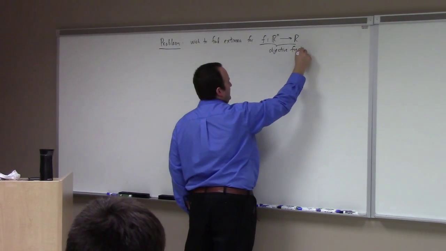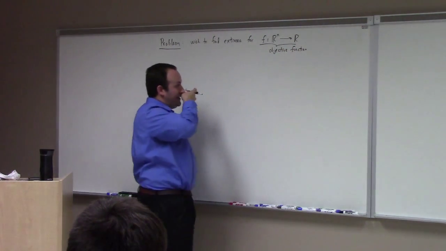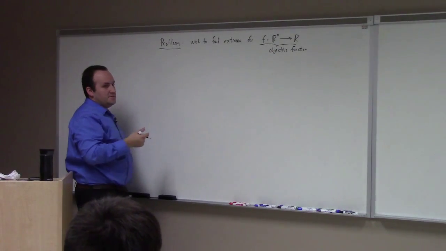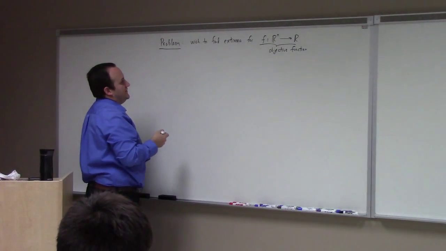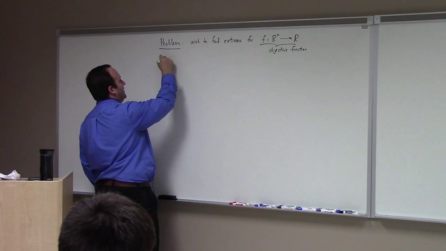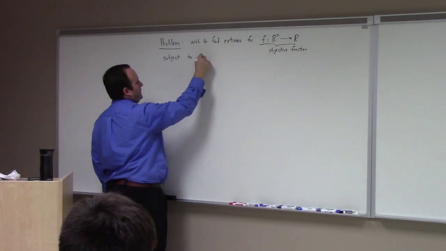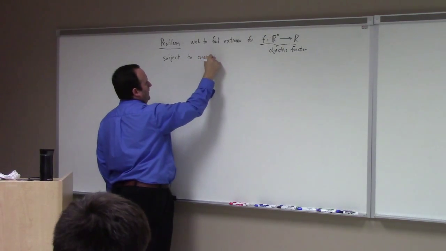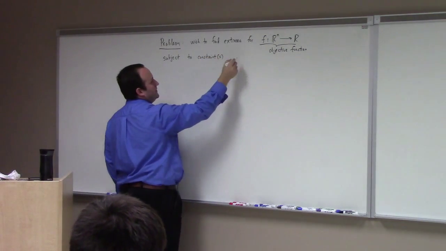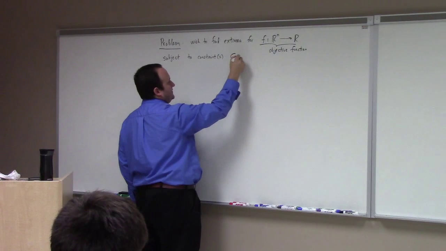Our objective is to make that as big or as small as possible. We wish to find extrema for this objective function subject to constraints. It could be plural, and we'll package the constraints as a level surface.